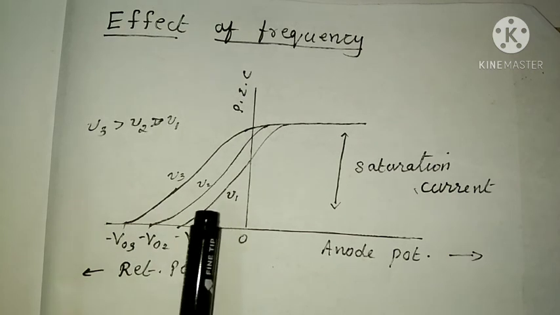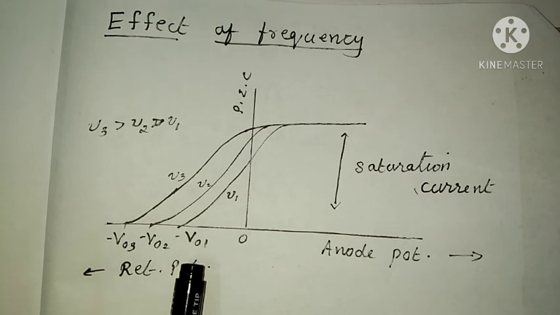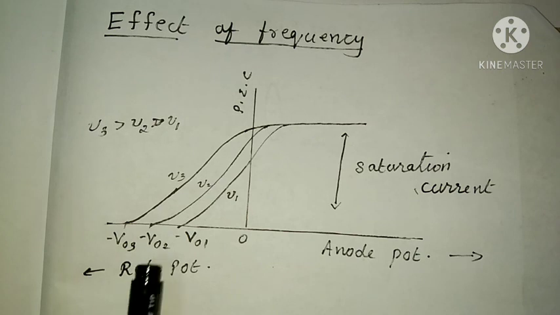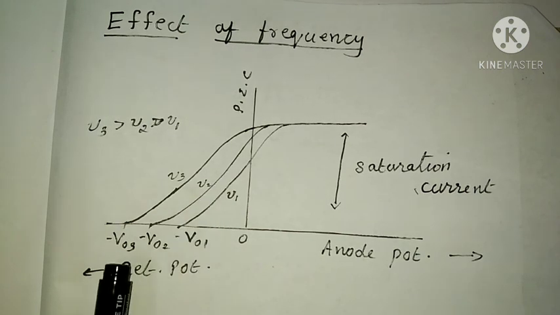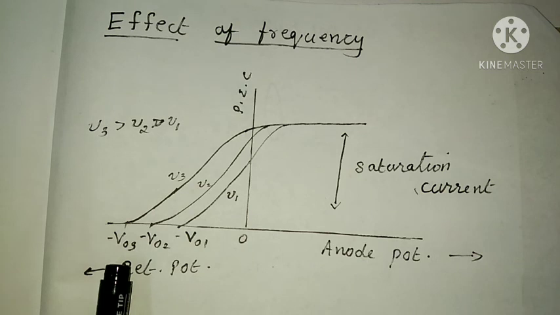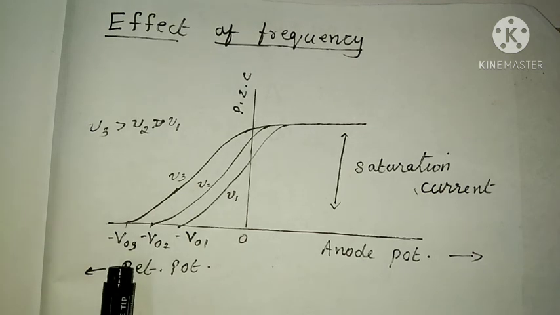When the frequency changes from nu1 to nu2, you have to increase the stopping potential from V01 to V02. When you increase the frequency from nu2 to nu3, you have to increase the stopping potential to stop the emitted electrons from V02 to V03.